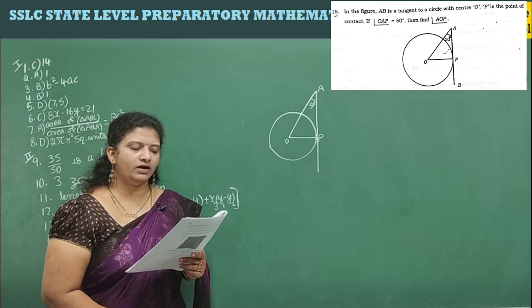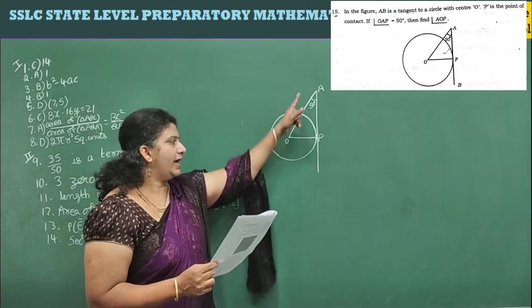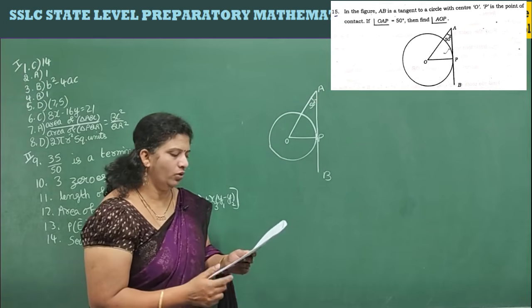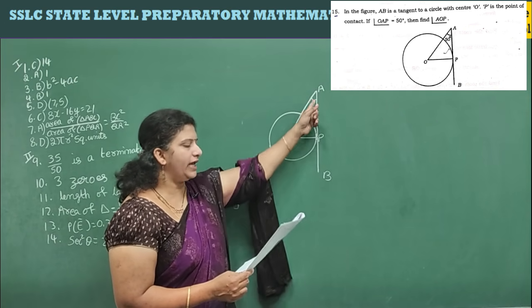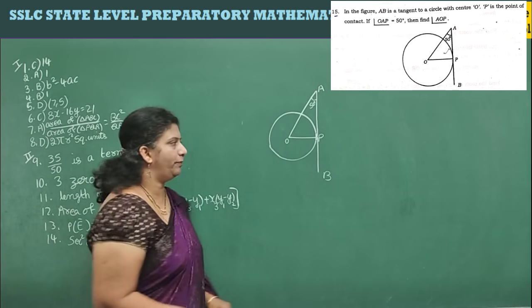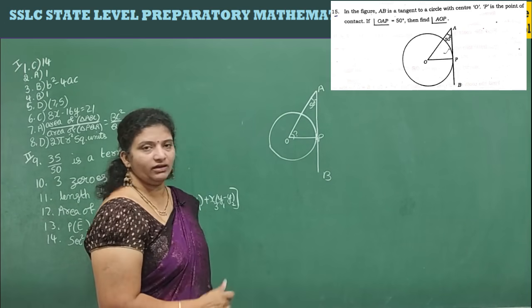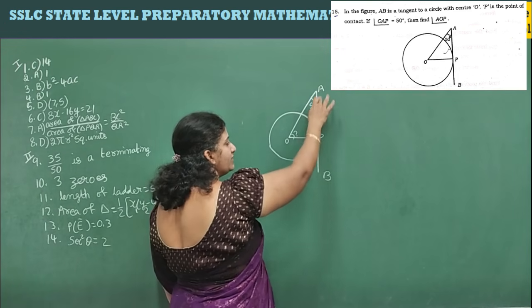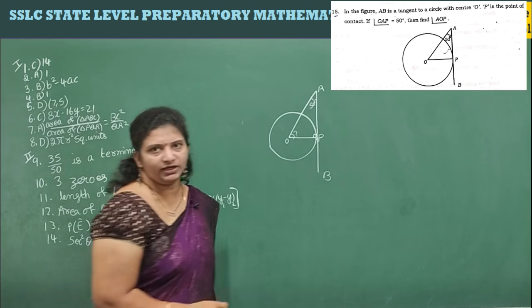15th one. In the figure, AB is a tangent to a circle with center O. P is the point of contact. If angle OAP is equal to 50 degree, then find angle AOP. By theorem, I remember something: if AB is a tangent, and P is the point of contact, the tangent is always perpendicular to the radius through the point of contact.